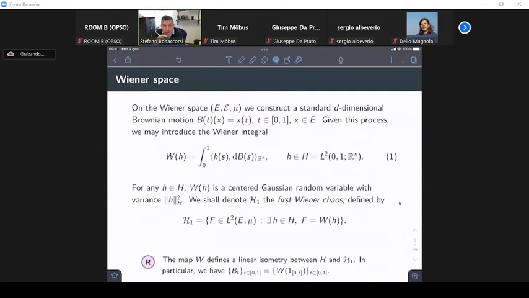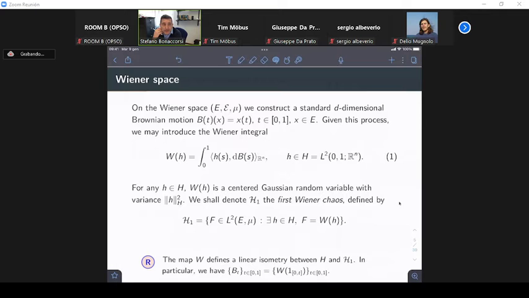On this space, we define the Brownian motion, and by using the Brownian motion, we introduce the Wiener integral. So this is my way of introducing the objects. There are several different ways, and Beppe Da Prato usually starts from W and then defines Brownian motion and so on, but I think this is quite a similar introduction.